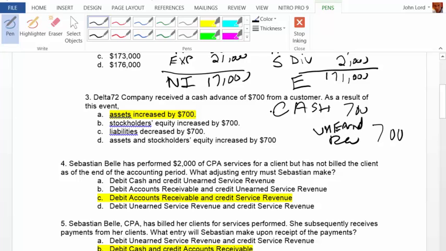So what happened as a result of this? Assets increased $700, didn't they? It wasn't that stockholders' equity increased by $700, because that was an unearned revenue, wasn't it? It wasn't that liabilities decreased. Liabilities increased $700. Unearned revenue is a liability, isn't it?